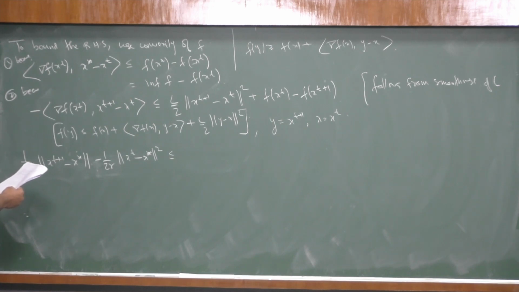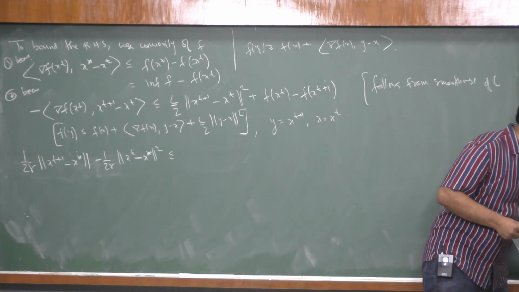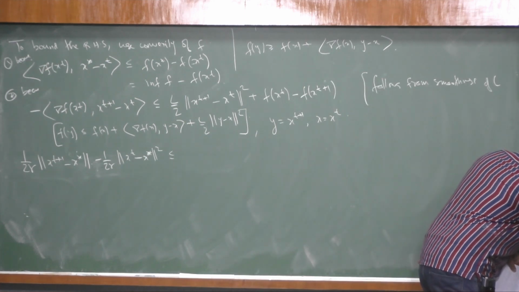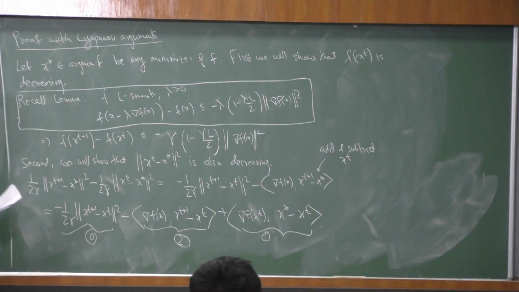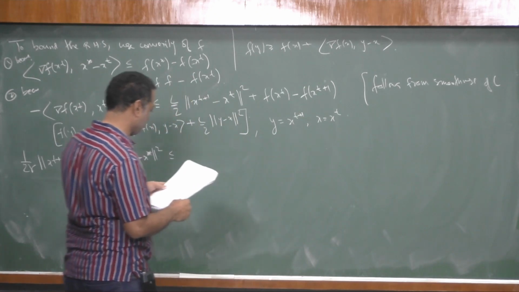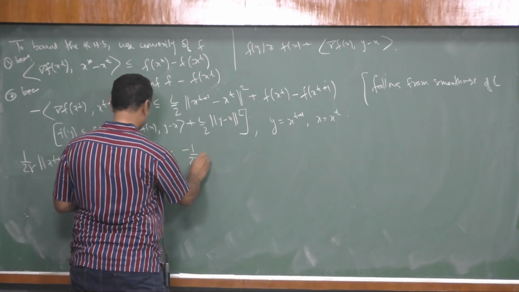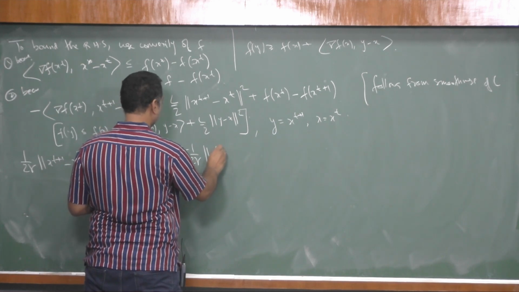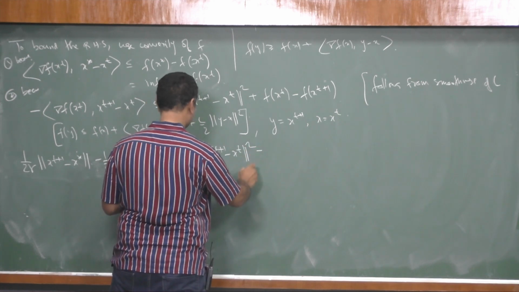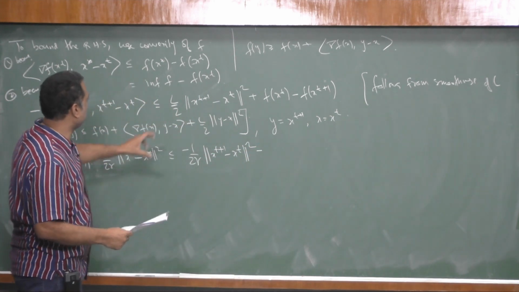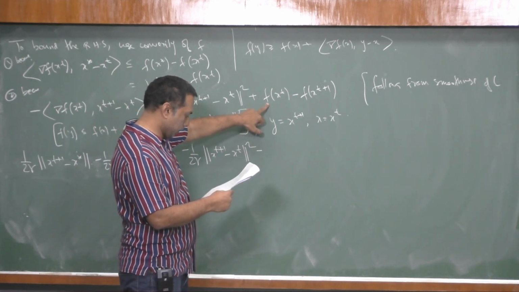We were also having a zeroth term, because this guy had this. So we have 1 by 2 gamma minus 1 by 2 gamma, and then the norm of xt plus 1 minus xt, and then minus, and as I said, f xt gets cancelled.